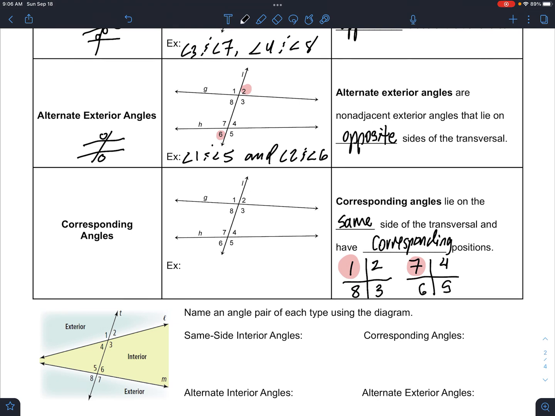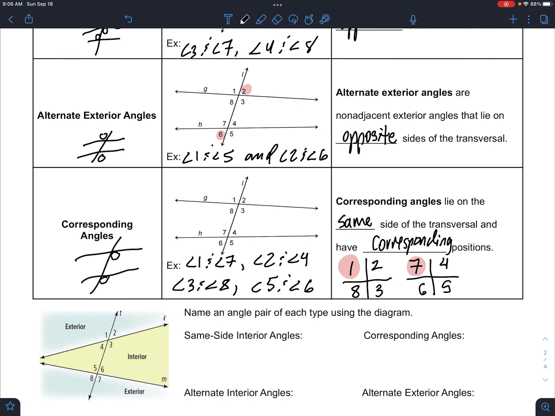So what that means is 1 and 7 go together. 2 and 4 go together. 3 and 8 go together. And 5 and 6 go together. So they look something like this. So one's on the interior, one's on the exterior always. And they're just in corresponding positions if you were to dice this up into 4 parts. So this part goes with this part.